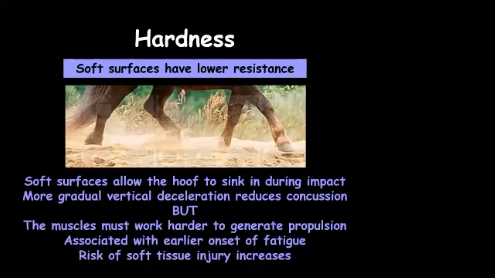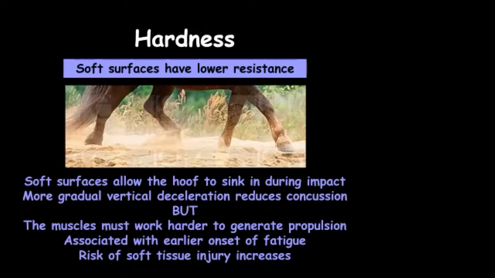Soft surfaces, on the other hand, have a much lower resistance, and these surfaces will allow the hoof to sink into the footing material, as you can see in this photograph of a horse on a soft, deep sand. So when the hoof is sinking into the footing, it's being decelerated much more slowly, and that reduces concussion.